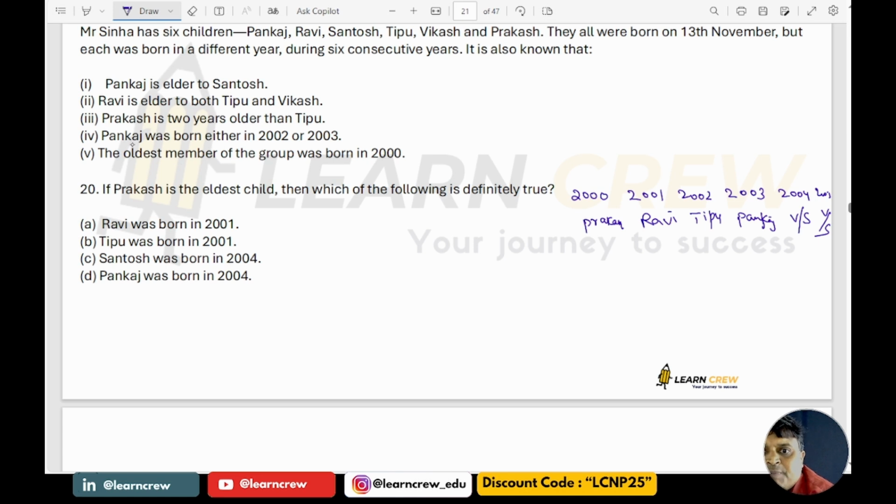Because Pankaj is elder than Santosh, it can be Vikas, Santosh or Santosh, Vikas, but it must be Ravi. So Ravi was born in the year 2001, which is definitely true if Prakash is the eldest child. So this is how we have to think and arrange the things.